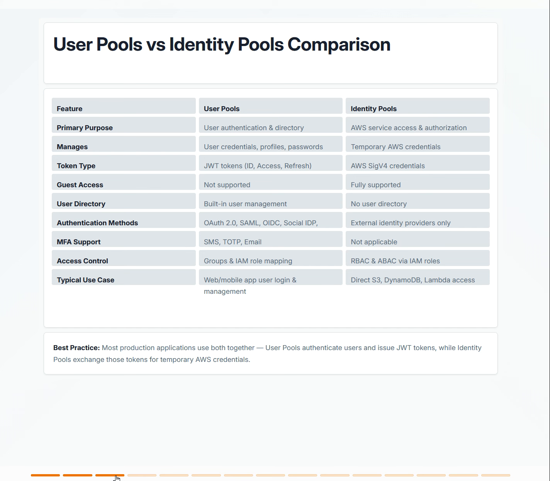So what token types do user pools have? JWT tokens, that's the tickets, right? And then identity pools use AWS Signature Version 4 for credentials. In user pools, guest access is not supported. In identity pools, guest access is fully supported because part of a website can be unauthenticated, right?